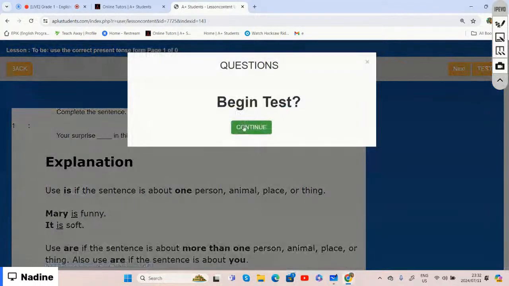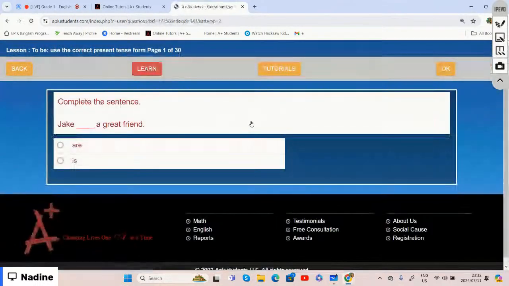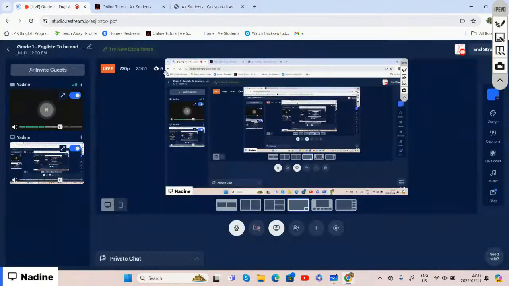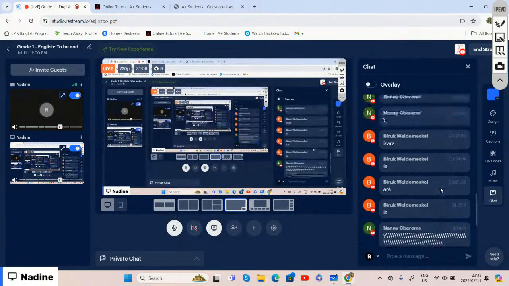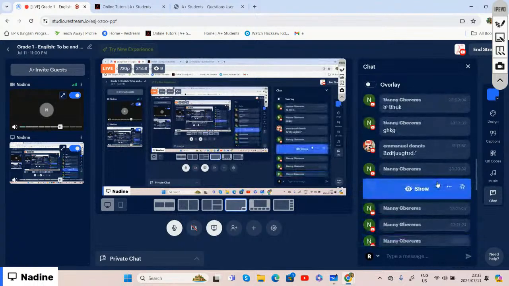All right, so now we're going on to our test. We need to complete the sentence. It says Jake, right? It refers to one person. Do we say Jake are a great friend? Or do we say Jake is a great friend? So option one, Jake are a great friend, or Jake is a great friend?